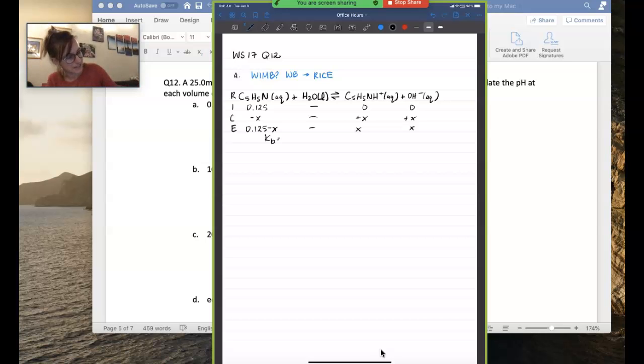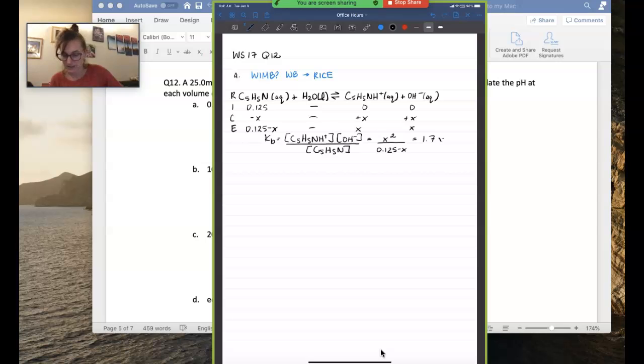So Kb is equal to products over reactants, and so this is equal to X squared over 0.125 minus X. The Kb of pyridine, you could look up in the back of the textbook.